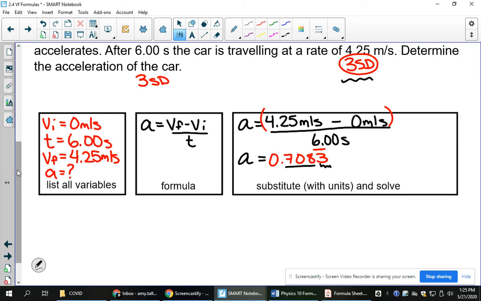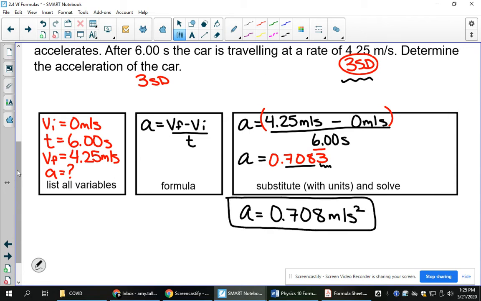A 3 does not make me round up, so my acceleration for this question is 0.708 meters per second squared. The sooner you memorize what the units should be for acceleration, velocity, distance, time, the easier putting the units on will be.